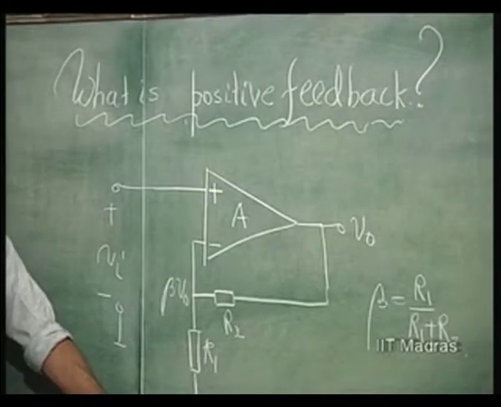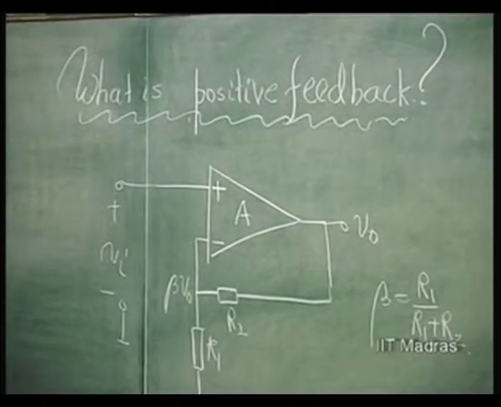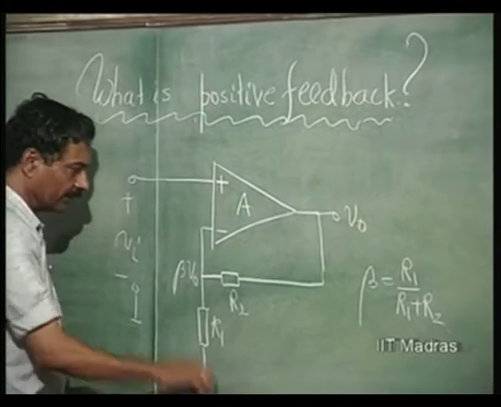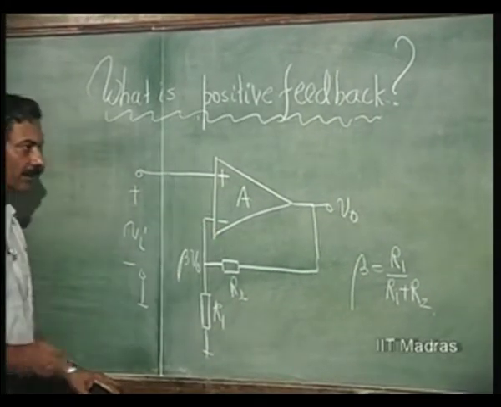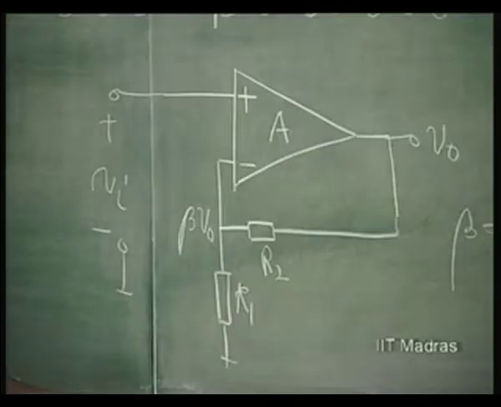So far, we have been concentrating on negative feedback and its virtues. Let us now consider what positive feedback is. Whether it is going to be useful at all is one point we would like to see, and how far positive feedback can be given. This is the negative feedback circuit illustrating voltage negative feedback.